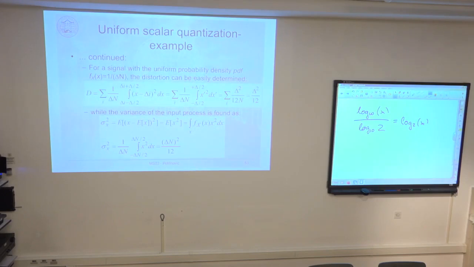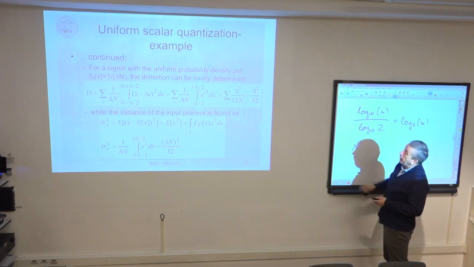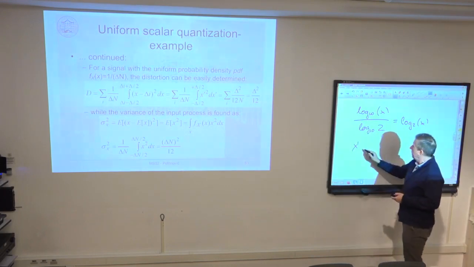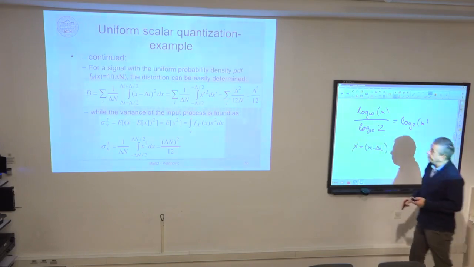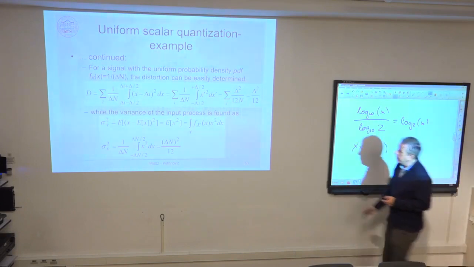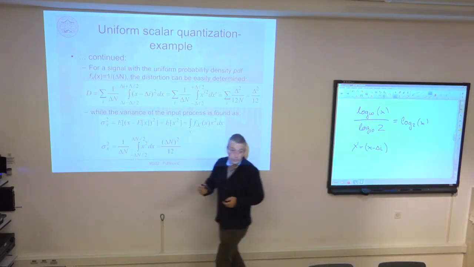So I will introduce x prime, which is exactly the argument in the brackets, x minus delta times I. So in this case, this here is x prime.